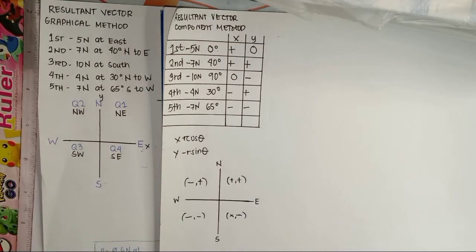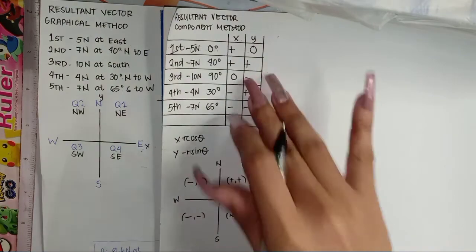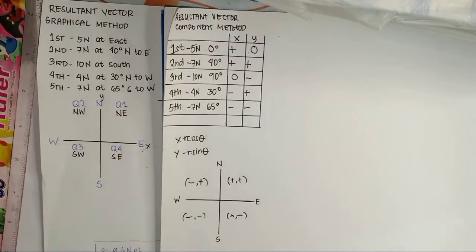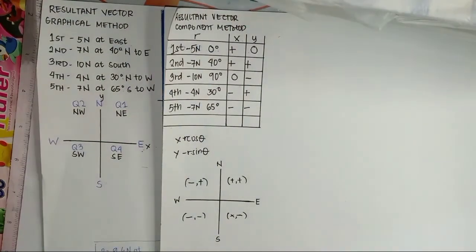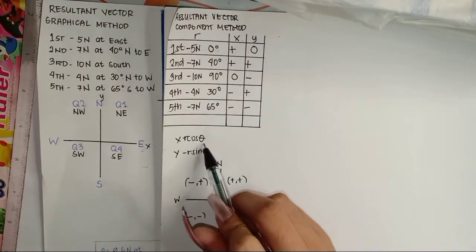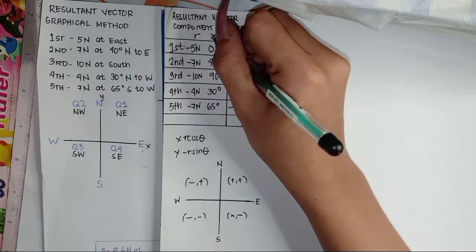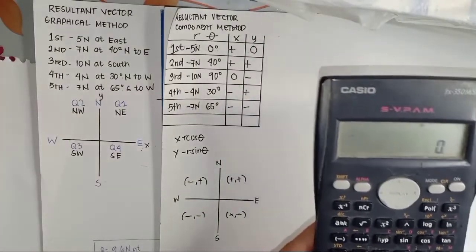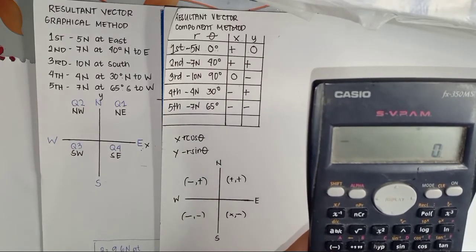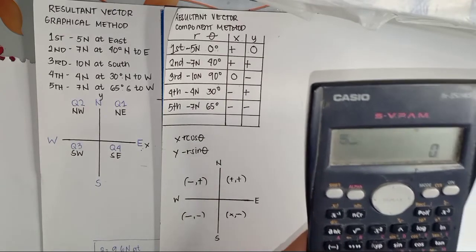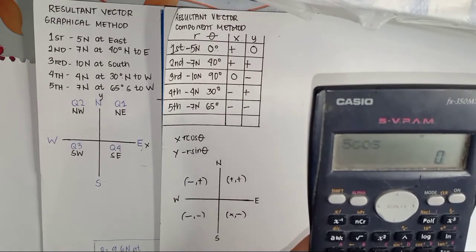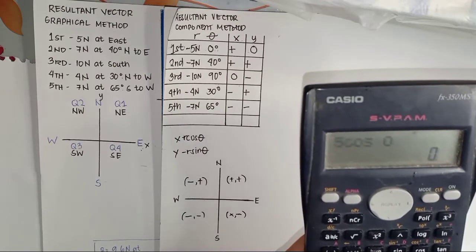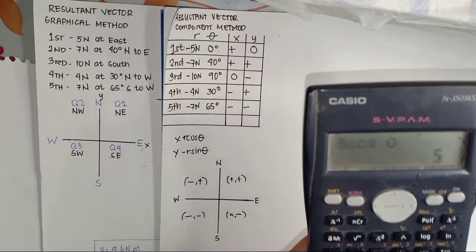After finding the sign, now we're going to solve for the x component and y component. So guys, kung nagtataka kayo kung saan kukunin yung r, ito siya, magnitude. And yung theta is yung degrees. So let's get our calculator. For number 1, press 5 for the magnitude and cosine, and 0 for the degrees, equals to 5.